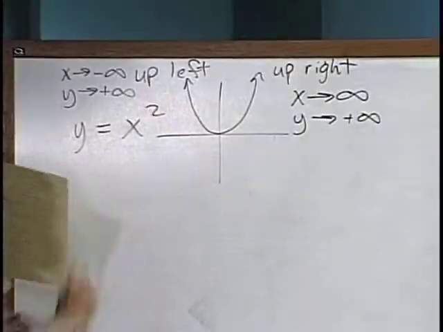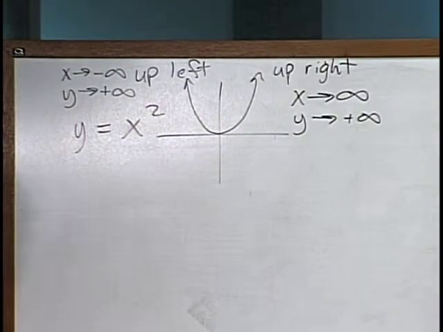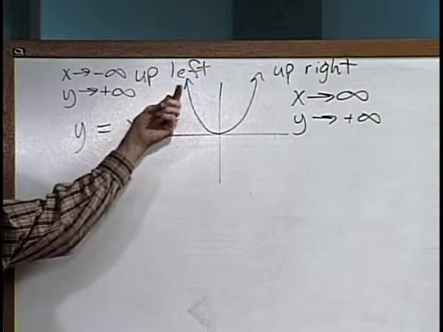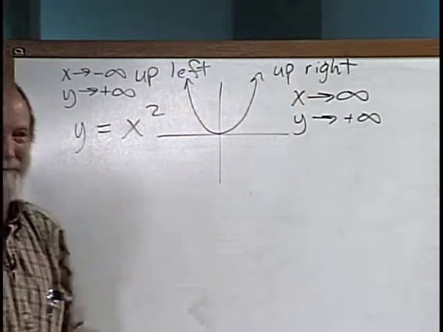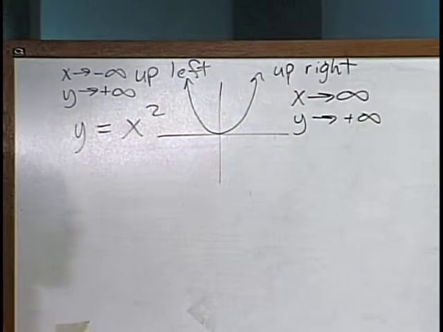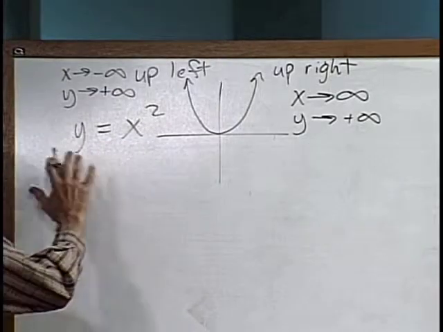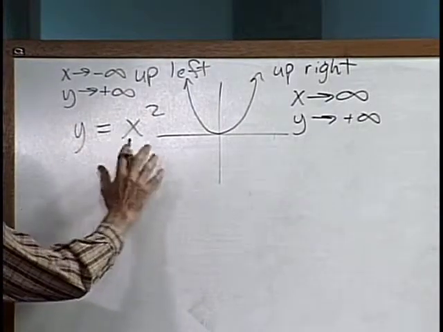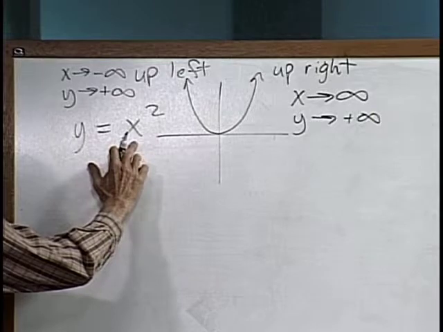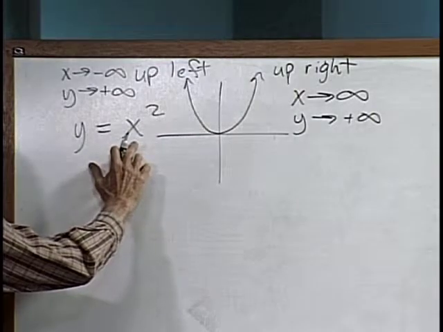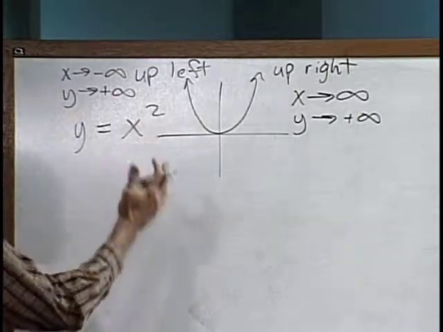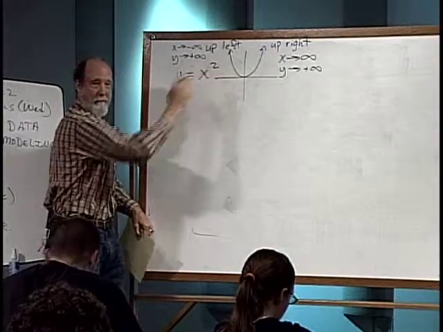And by having the graph, you can easily see that. And a quick and dirty way of saying it is up left, up right. Pretty easy. So if you ever see a function that has a quadratic character in it, then that means it's going to be behaving something like this thing.